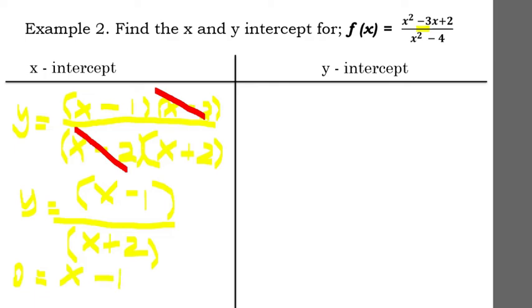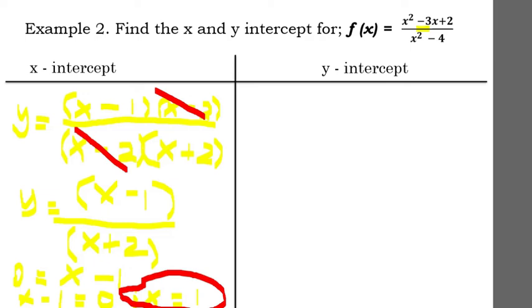You can interchange, so x minus 1 equals 0. Transpose negative 1 to the right side, so it becomes positive 1, and therefore the value of x is positive 1. So what is the x-intercept?